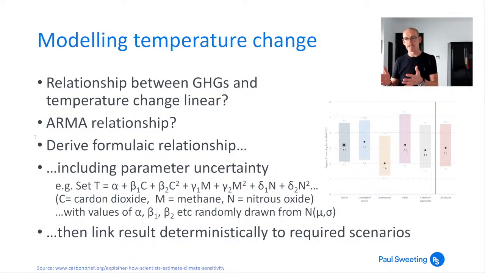Because what we can do then is run the model and see the likelihood of the maximum summer temperature in a particular city being greater than 3% above its current level in 20 years' time. And use that to help work out what sort of power needs there might be, what sort of infrastructure changes there might need to be in that particular area. So that's the approach that I would use.